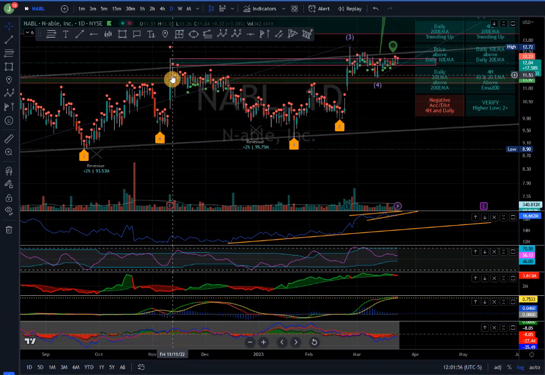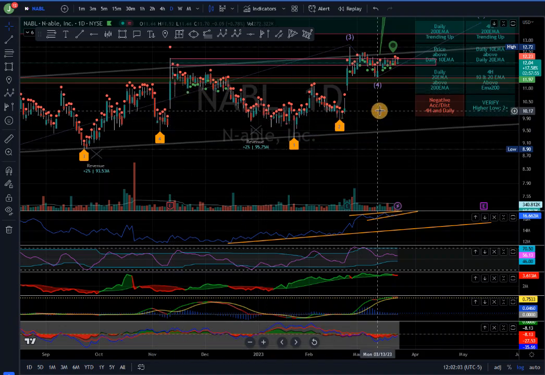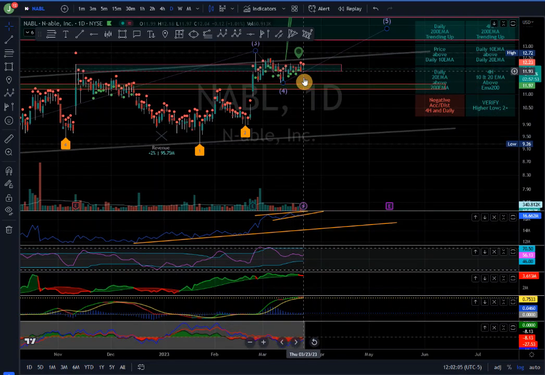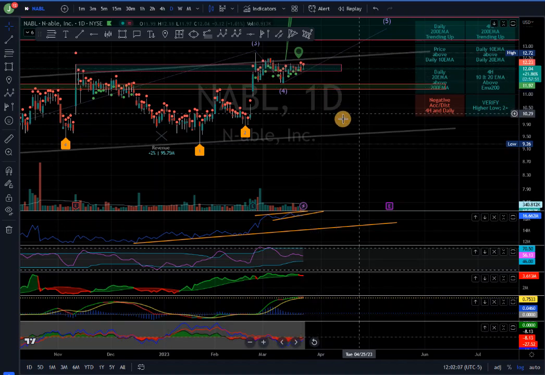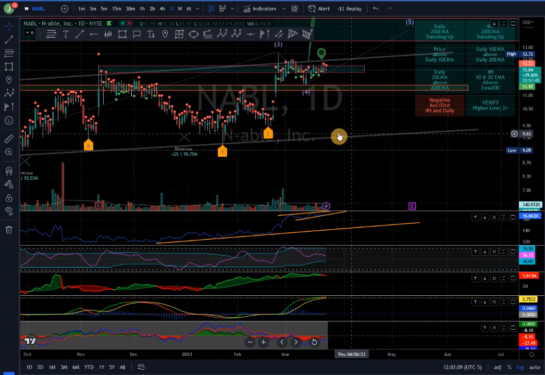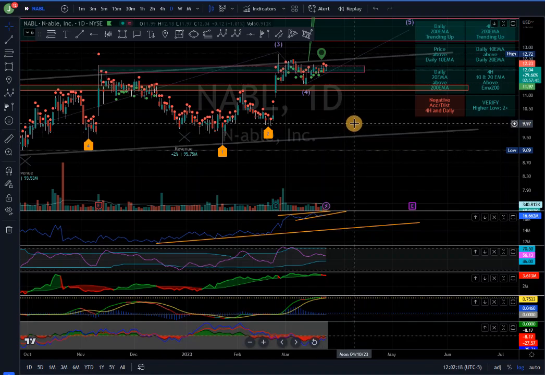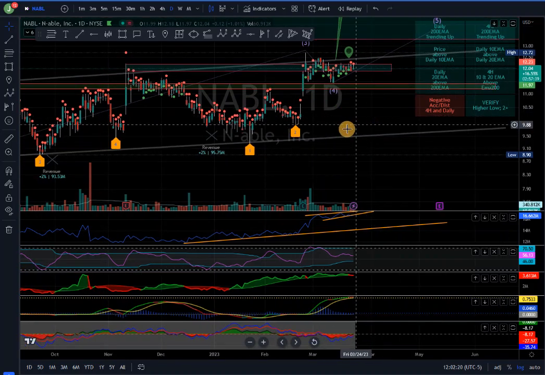But the key thing to notice is the way it gapped up and then eventually just came back down. It's very possible it does the exact same thing again and goes to this lower range of the trend.